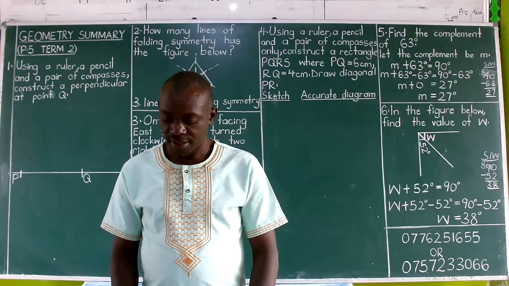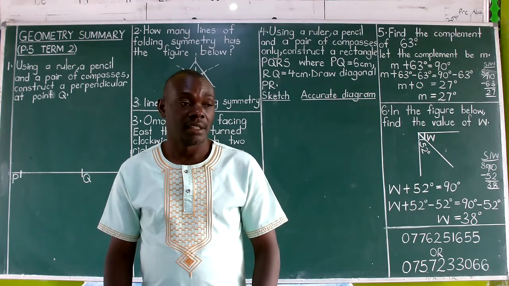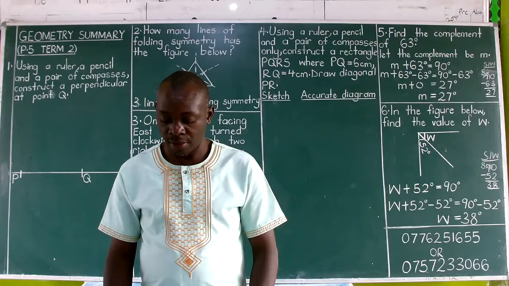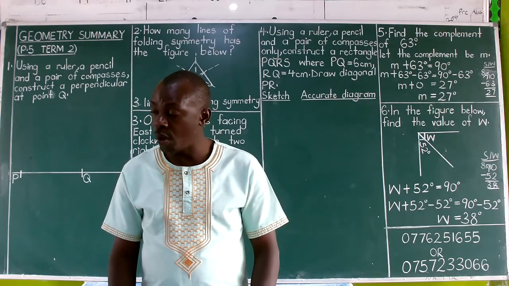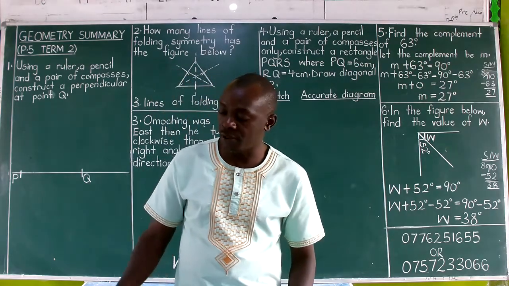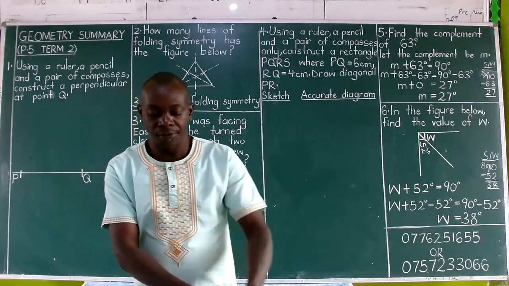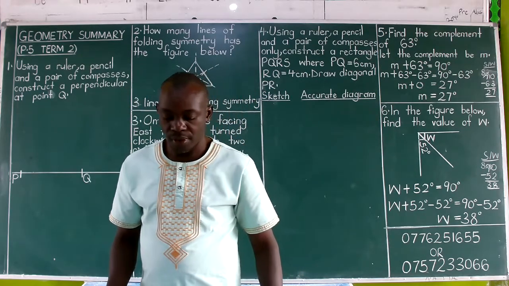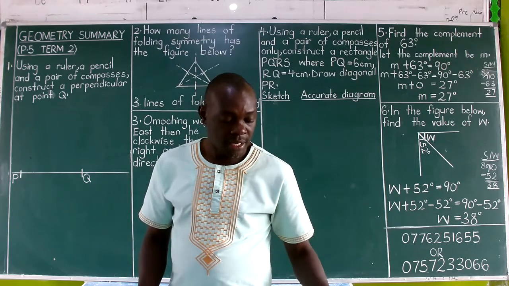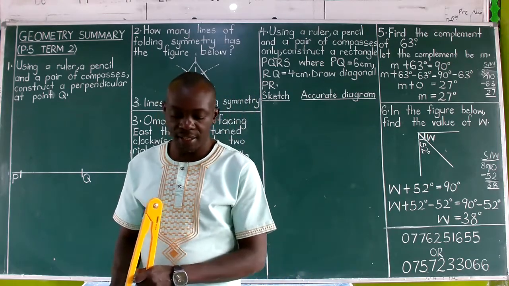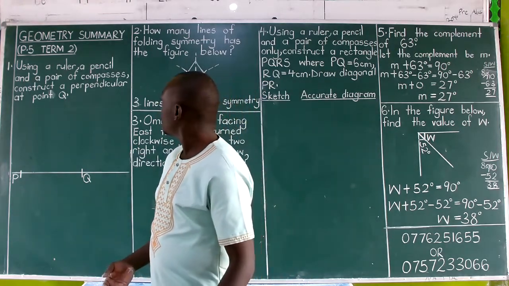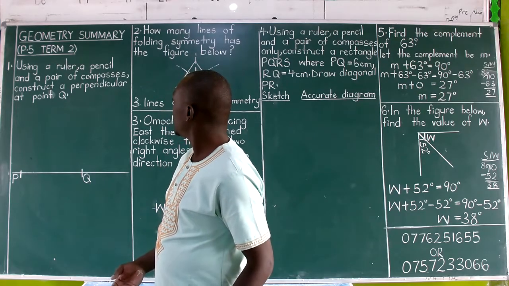This assessment will help you answer questions from page 51 all the way to 55 of our book, Term 2, P5. So ensure you follow as we practice together, as we answer accordingly.